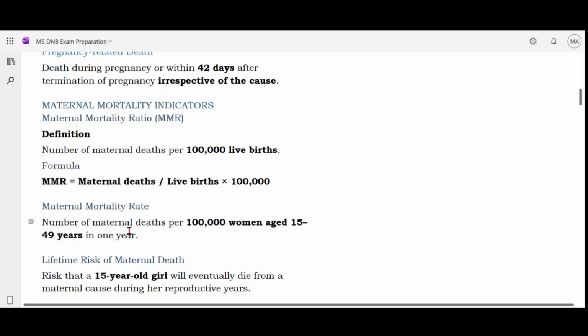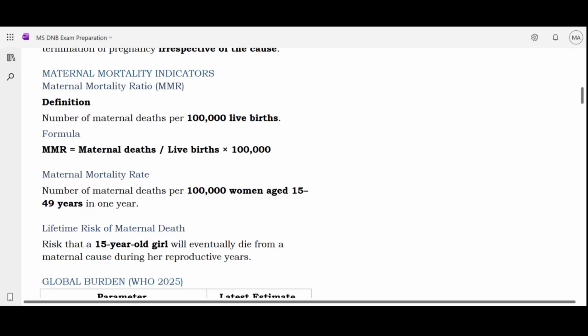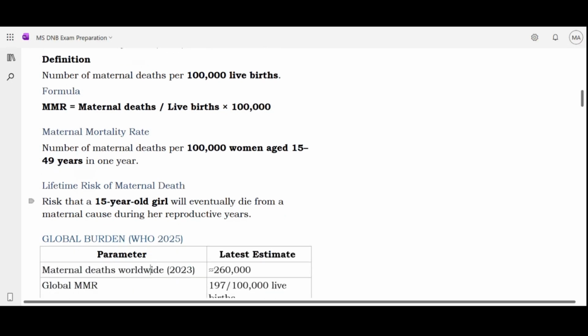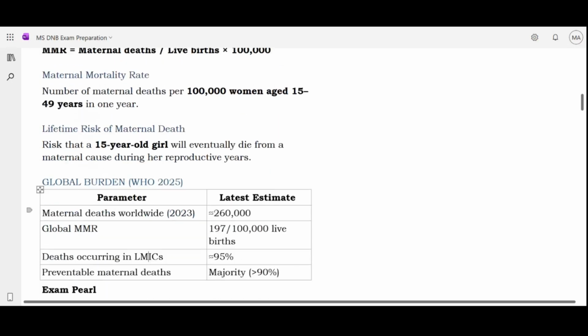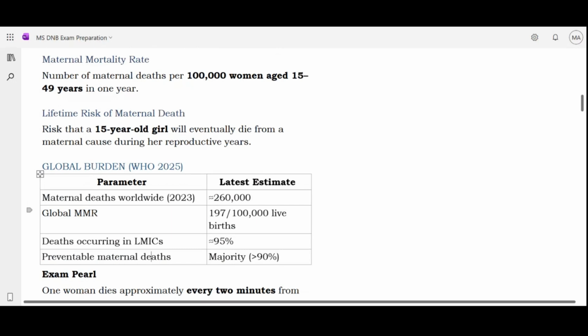Okay, second is the maternal mortality rate. So the number of maternal deaths per 1 lakh women aged between 15 to 49 years, that is the reproductive age group. Okay, so third is the lifetime risk of maternal death. So the risk that a 15-year-old girl will eventually die from a maternal cause during her reproductive years.